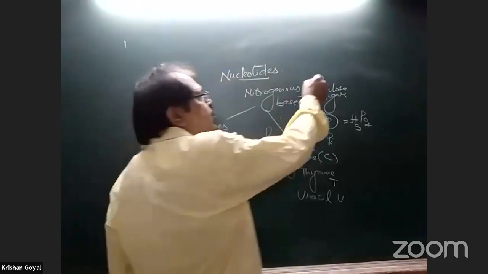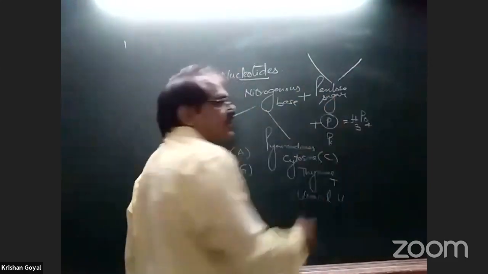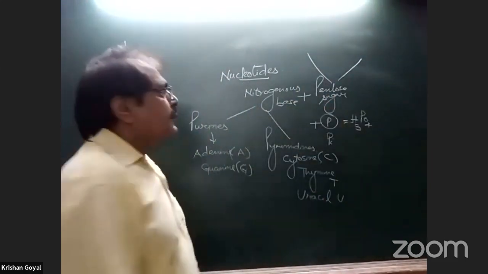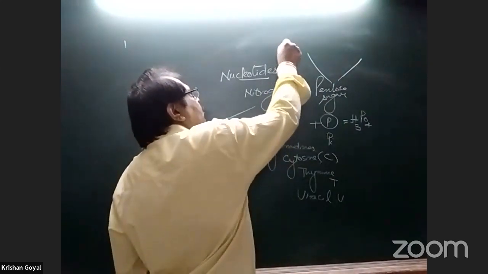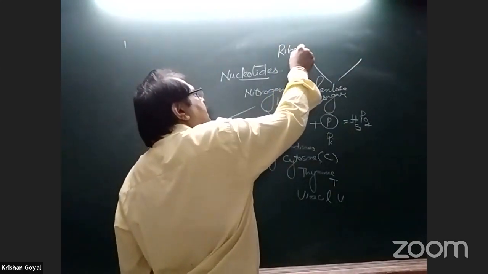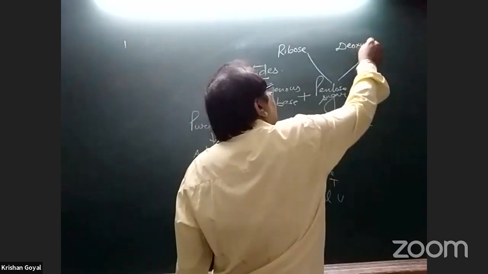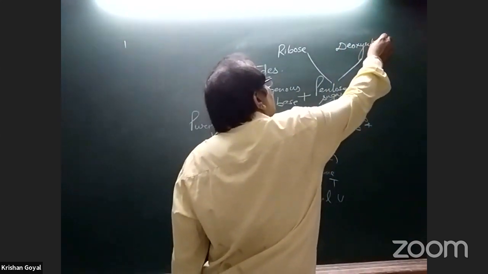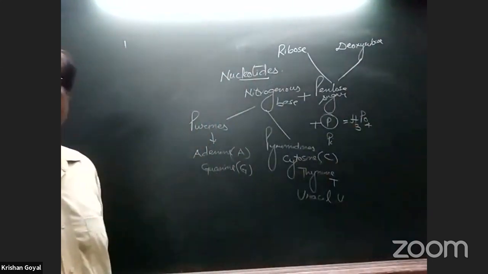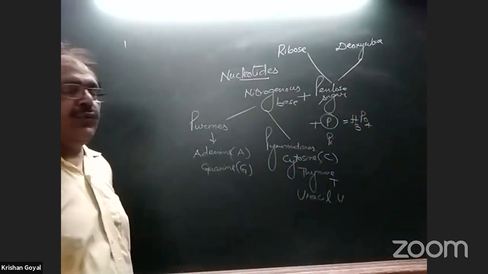And pentose sugars are also of two types. One is called the ribose sugar, and second is called the deoxyribose sugar.